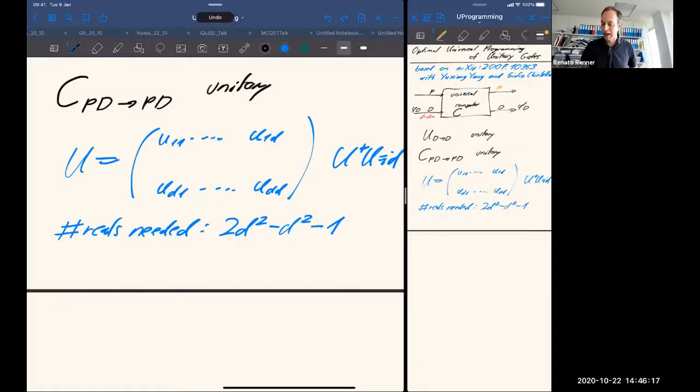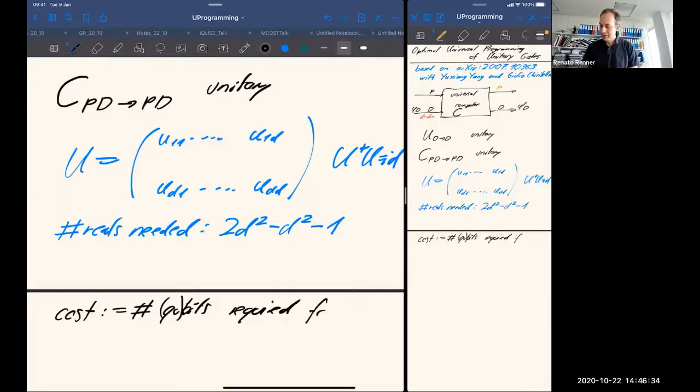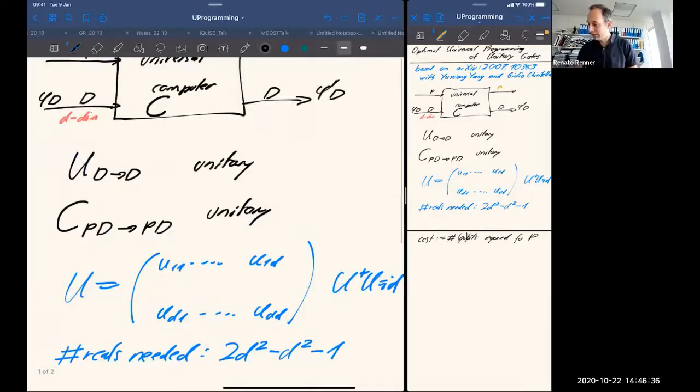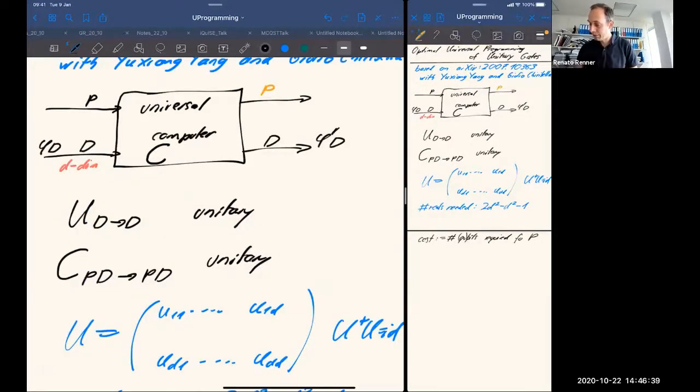So the cost is how long is the program? Let me maybe define it for a moment. So the cost would be the number of bits, or later when we talk about quantum programs, about qubits required for P. So how large is this stuff here that I input?